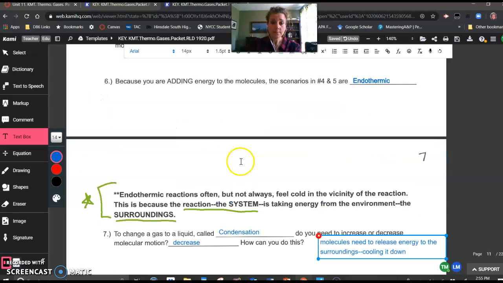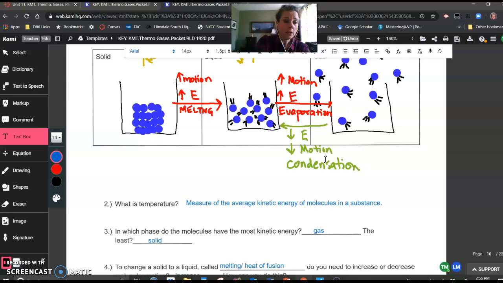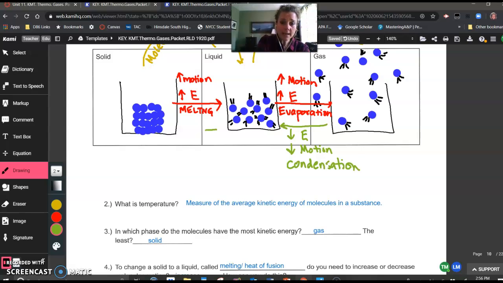Number 8, to change a liquid into a solid, do we need to decrease or increase molecular motion? Well, once again, my liquid is becoming a solid. We have to decrease energy and decrease motion. This is a process called freezing.